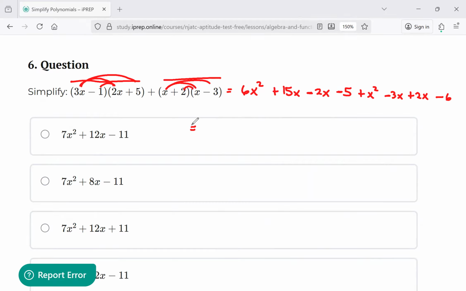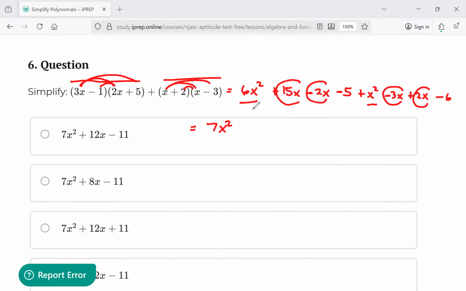And then it's all about collecting like terms. So we have a 6x squared and a 1x squared. That is 7x squared. And then x's, you can box it or circle it. So 15x, negative 2x, negative 3x, and a positive 2x. That is going to be 15 minus 2.